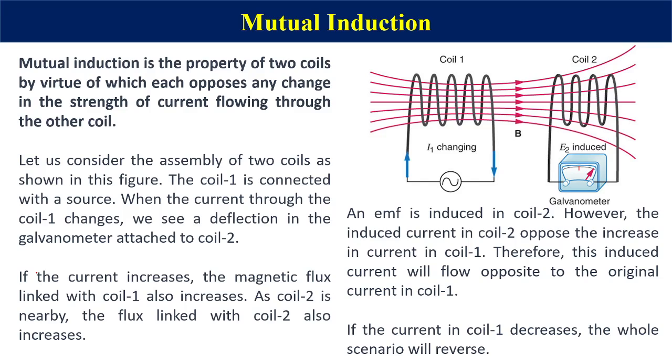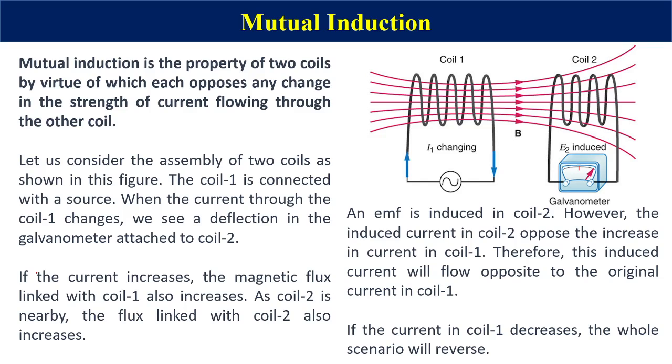In the mutual inductance case, just one thing to remember, that in the self-inductance we have got only one circuit where there is a coil which is being wrapped. In the mutual induction we have got two different circuits, and rather two different coils, and one coil is attached to a voltage source which is giving a change to the current, and the other circuit is absolutely in a resting position with no voltage sources connected.